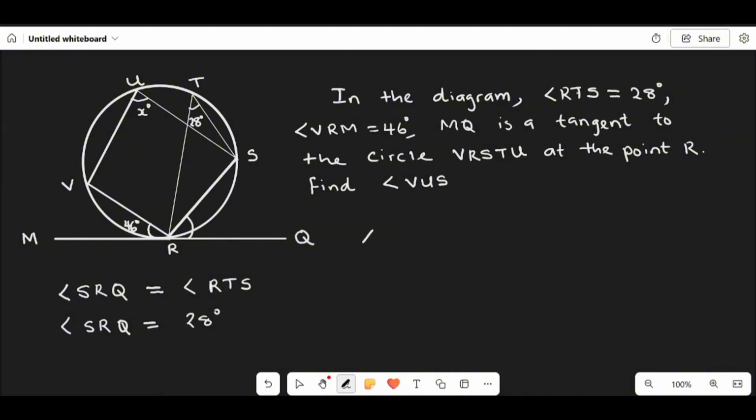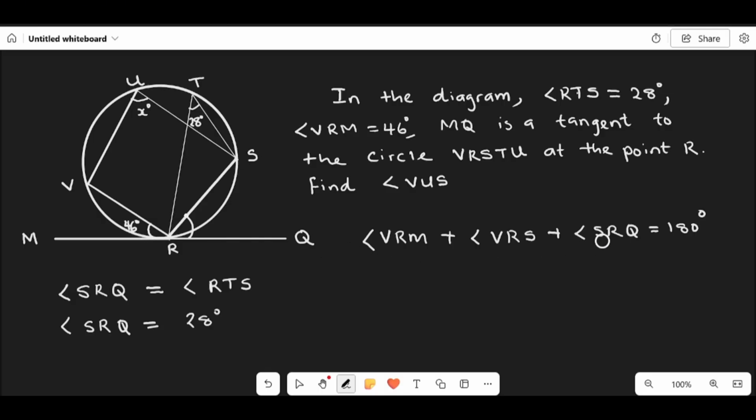So angle VRM plus angle VRX plus angle XRQ is equal to 180 degrees, and our angle VRM is 46 degrees.